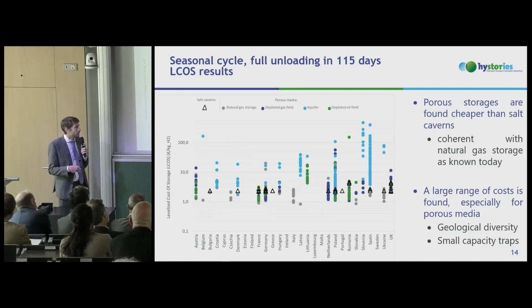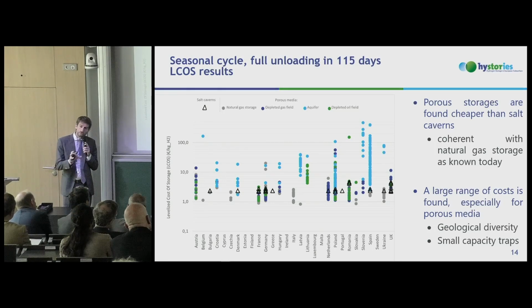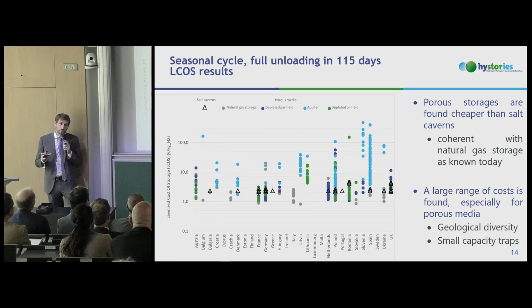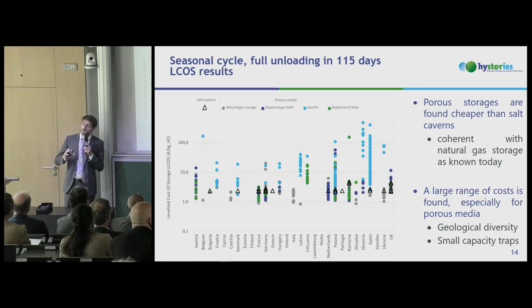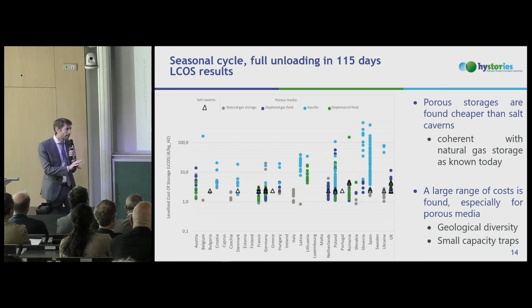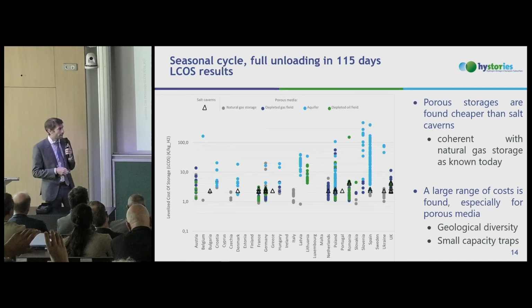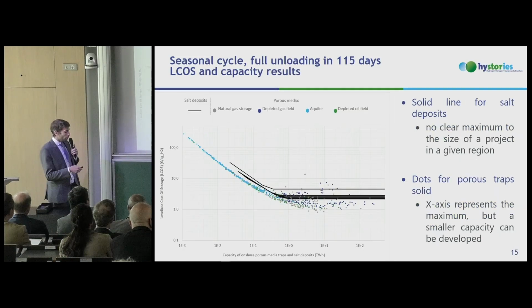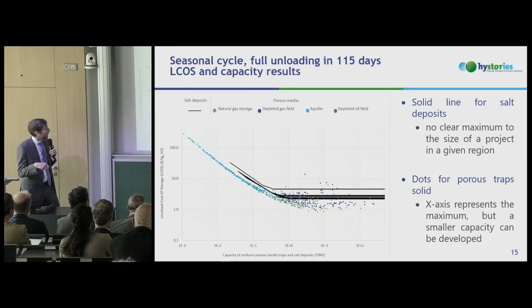It's also related to the fact that we've got a lot of small traps, especially for some countries like Spain, in the database. Underground hydrogen storage, or underground storage in general, is quite upscalable, but it's not a very downscalable technology. So cost gets higher when you want to make small projects. So that's why we introduced in our results the cost.